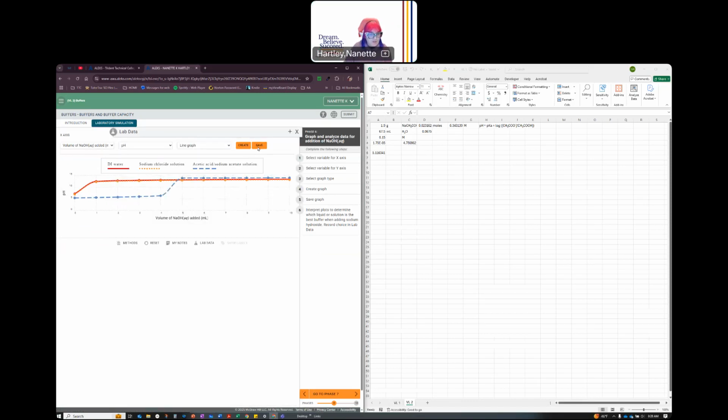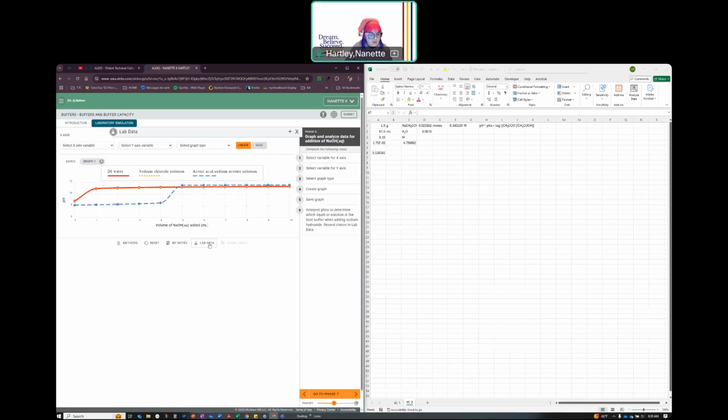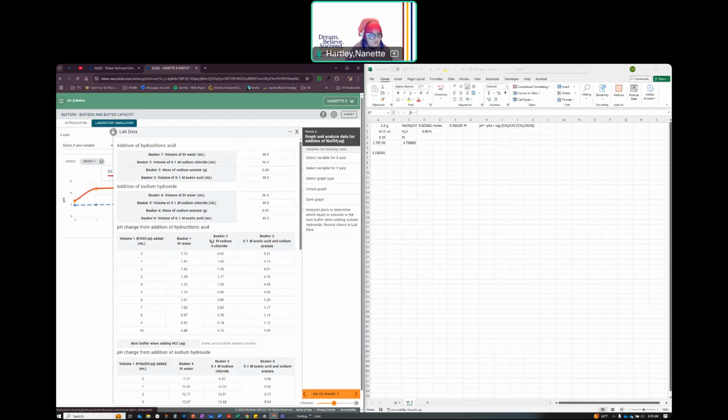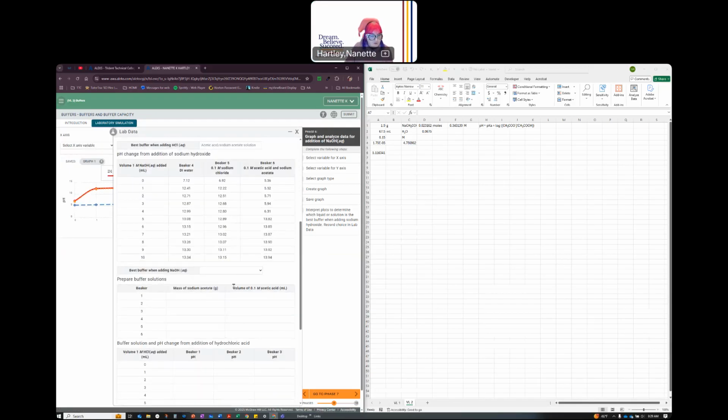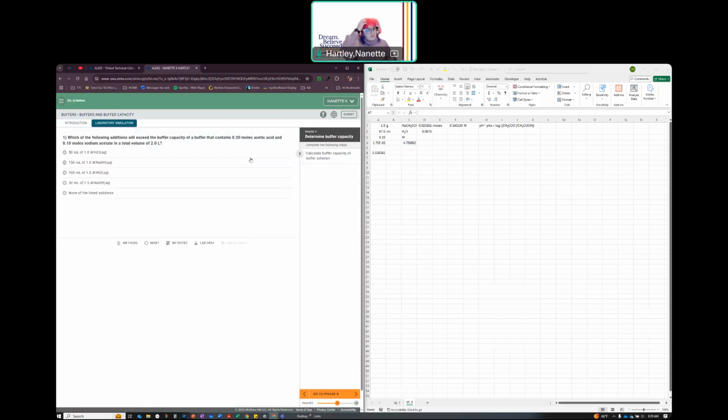Try to save this. Sodium acetate. So now I can say, go on. Yay. Which of the following additions will exceed the buffer capacity? Buffer that contains 0.2 moles of acetic acid and 0.1 mole sodium acetate, total volume of 2 liters. 2 moles of acetic acid, 1 mole of sodium acetate. So I have less buffering with the sodium acetate than I do with the acetic acid.